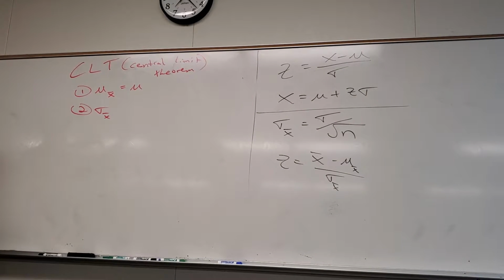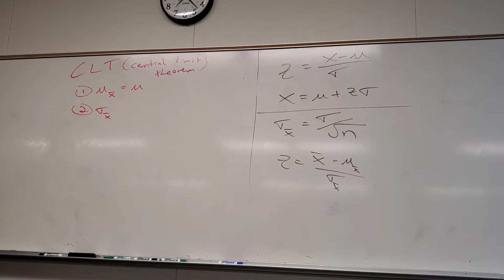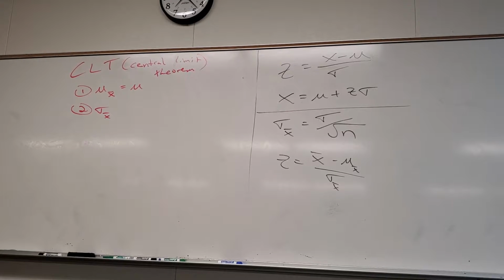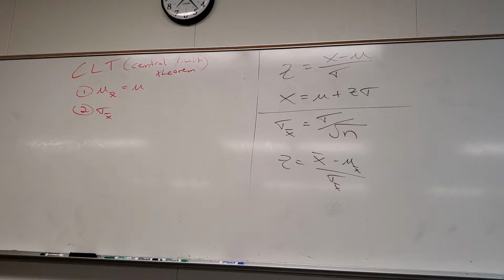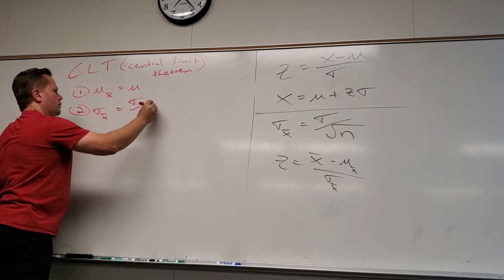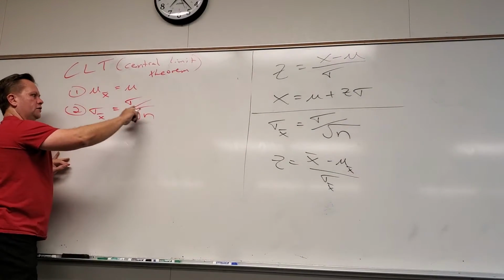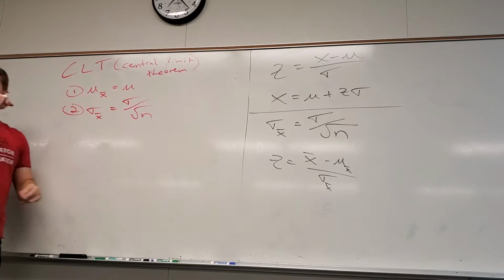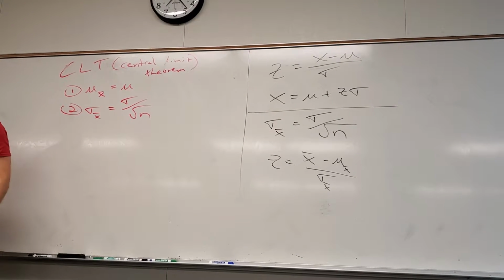When I regraphed it for groups, the standard deviation got smaller. And like we just said a minute ago, if I take a larger and larger sample, my spread should get smaller and smaller. There should be less and less samples really far away from the actual average. That's exactly what this formula says. As n gets bigger, the new spread gets smaller because I'm dividing by the square root of n.